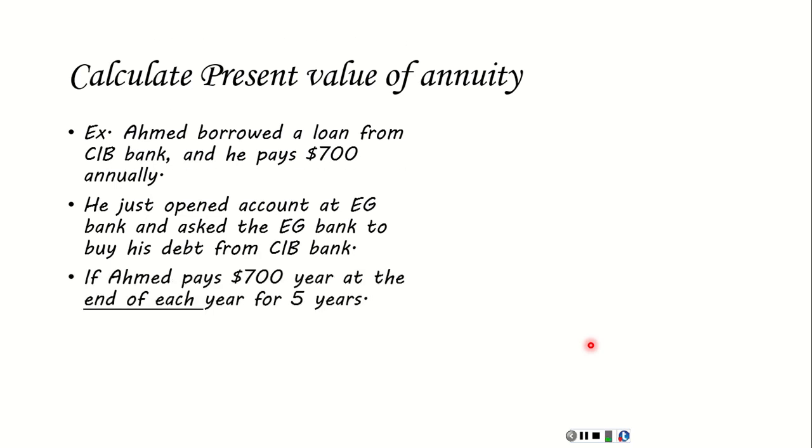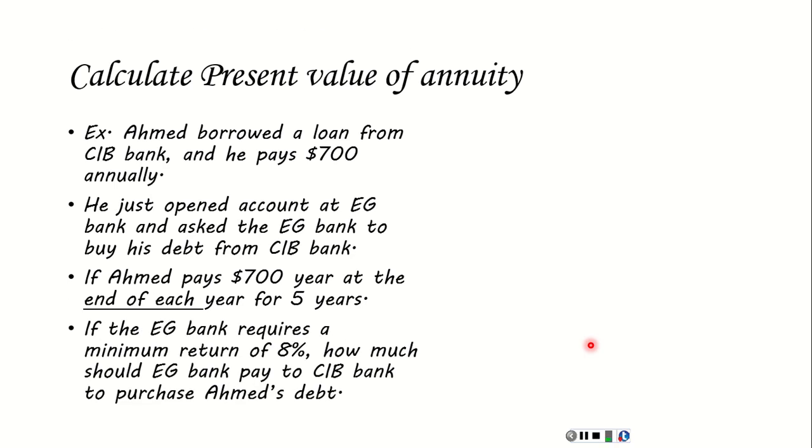Ahmed pays $700 at the end of each year, so we talk about an ordinary annuity over the next 5 years, which means he will pay $700 per year over the next 5 years. If each bank requires a minimum rate of return of 8%, how much should each bank pay to CIB Bank to purchase Ahmed's debt?